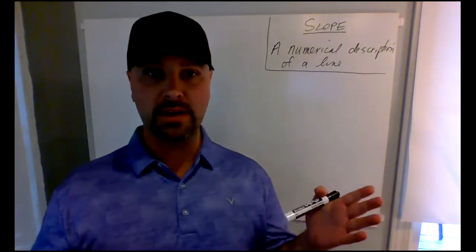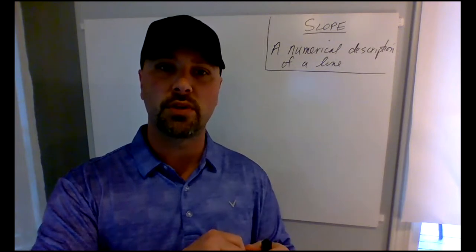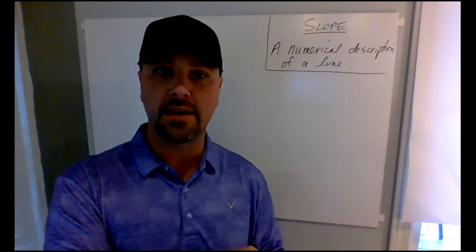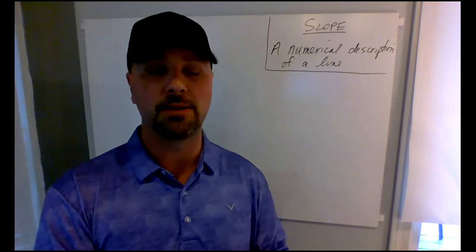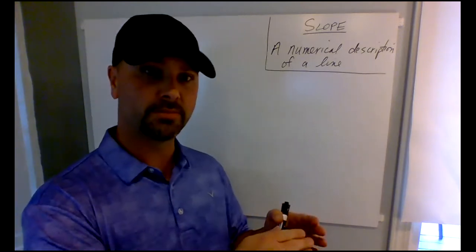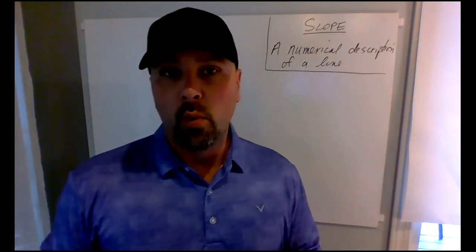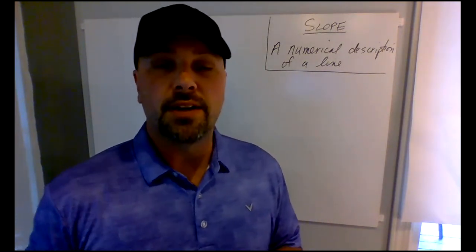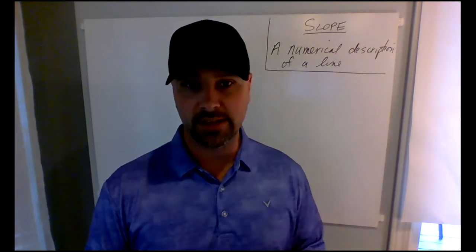Okay, and so when I'm talking about a line, I'm talking about when we're looking at a coordinate grid, and one of the last skills that we worked on was making a line in our main packet. So you put points on, they line up, you draw your straight line. But one thing that you're going to see we use a lot is a number that describes that line.